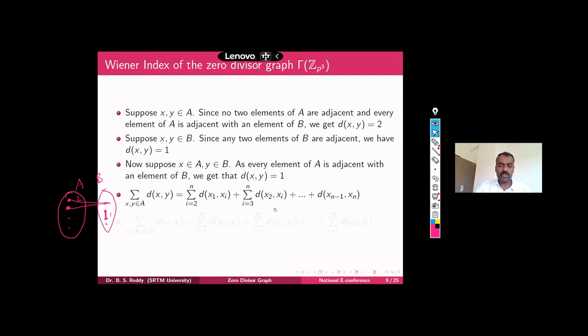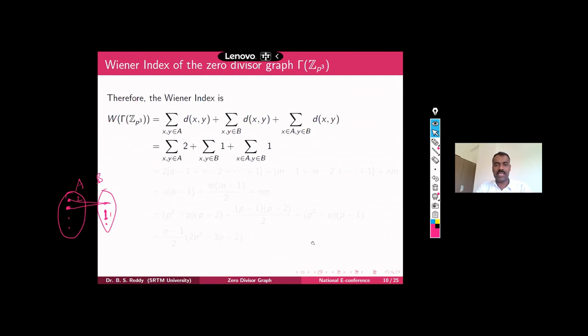Similarly, if x and y are from different sets, then you start with x1 and all the elements of the other set, y1 to ym, and so on. With this arrangement, you can calculate, and you can see here if x and y are in A, then the distance is 2, and in the remaining two cases the distance is 1.